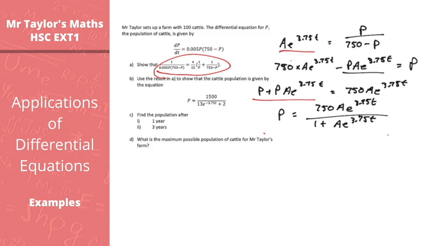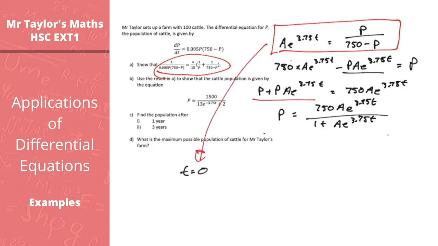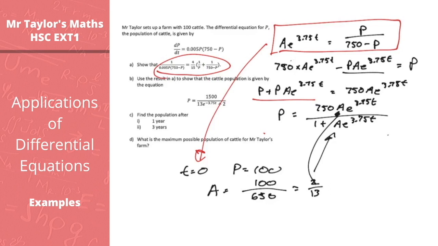Okay, now we need to find a. It might actually be easier for us to use this to find out a. So when t equals 0, p is 100, that's my initial amount of cattle. So a equals, using this formula here, a equals 100 over 650, which is 2 over 13. Okay, and then let's use that value of a in here. We've got a in 2 spots.